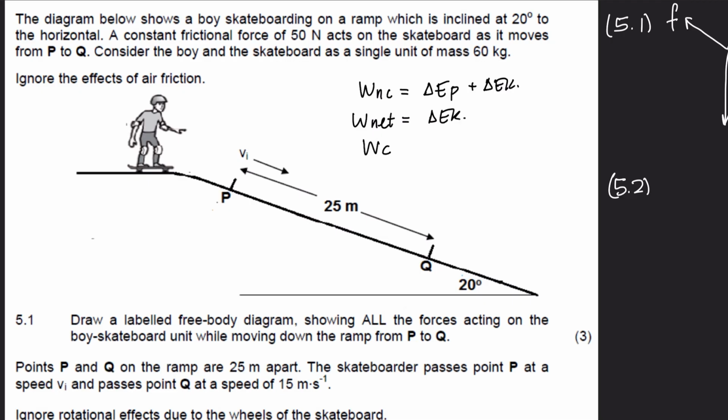You could also say W_C is equal to minus delta EP, though we wouldn't use this one necessarily in this case because we want speed and EP has no speed in it. So we have an option. You could either use this one or this one. No matter which one you choose, as long as you do the calculations correctly, you will still get the same final answer. I will choose this one for this example.